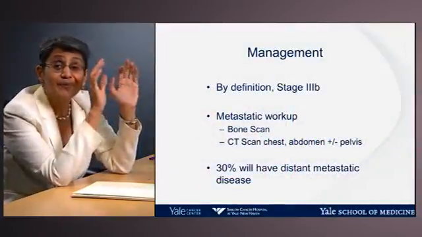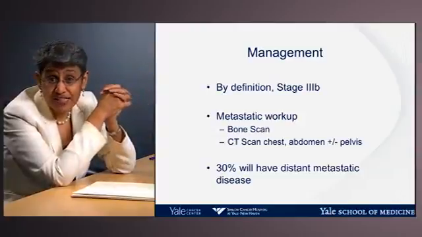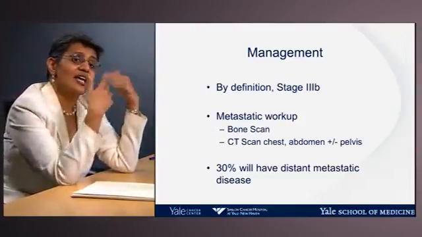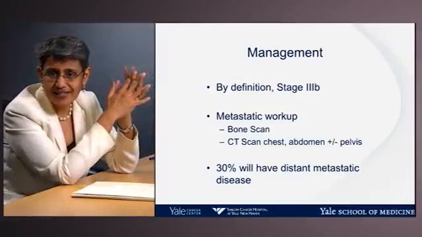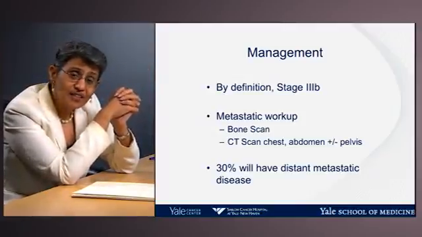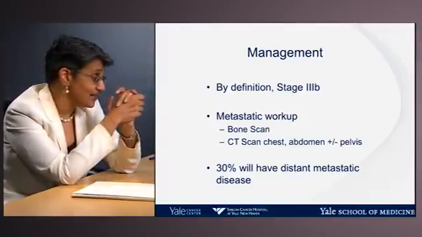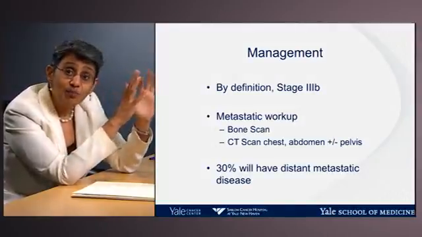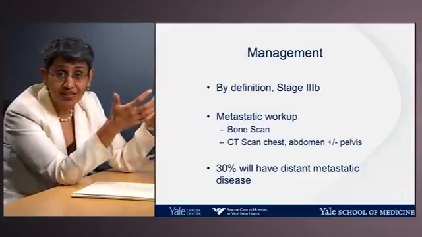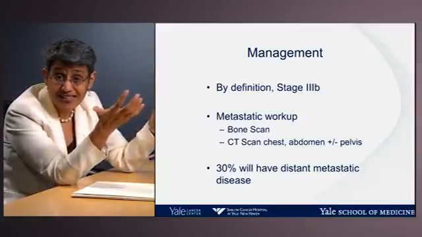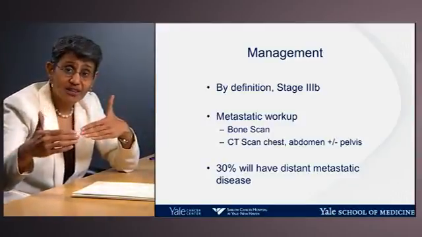Now, when we talked about stage of disease, remember we had said it's based on tumor size and lymph node status and distant metastases. Well, 30% of these patients present with distant metastatic disease at the outset. So it's important that you do that metastatic workup to make sure that they don't have distant metastases when they first walk in the door.